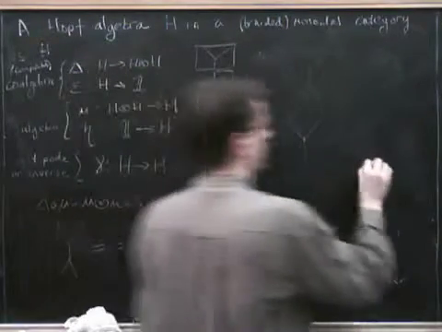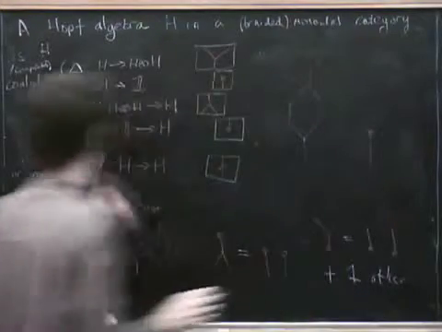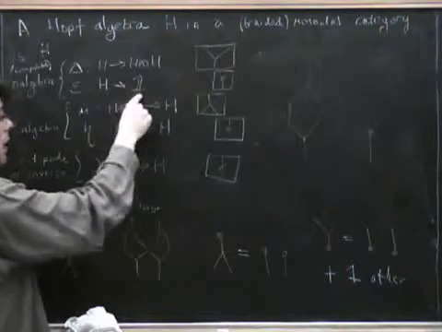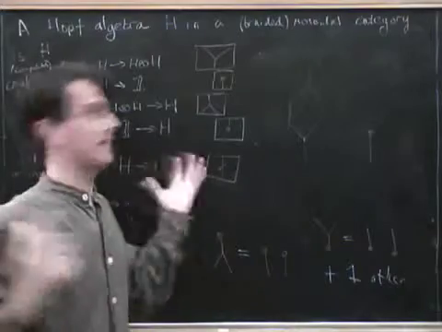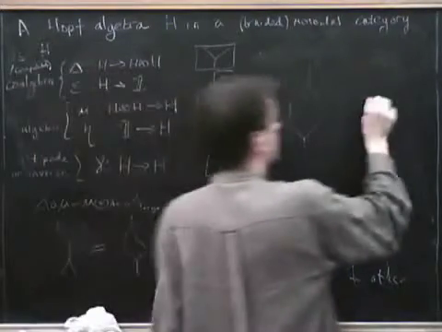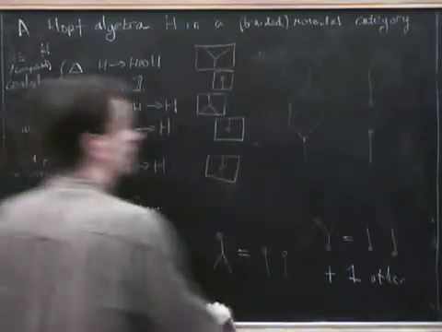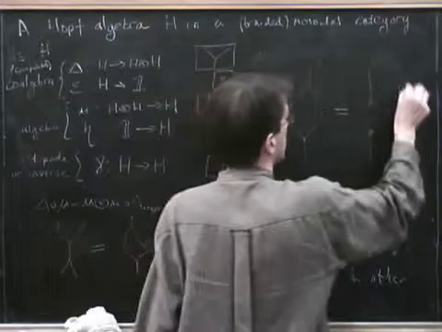But how do I get that? Well, if I do epsilon, the co-unit, and then I do eta, the unit, this picks out the unit in the group for me, and so it says that has to equal that. So this is the antipode axiom.